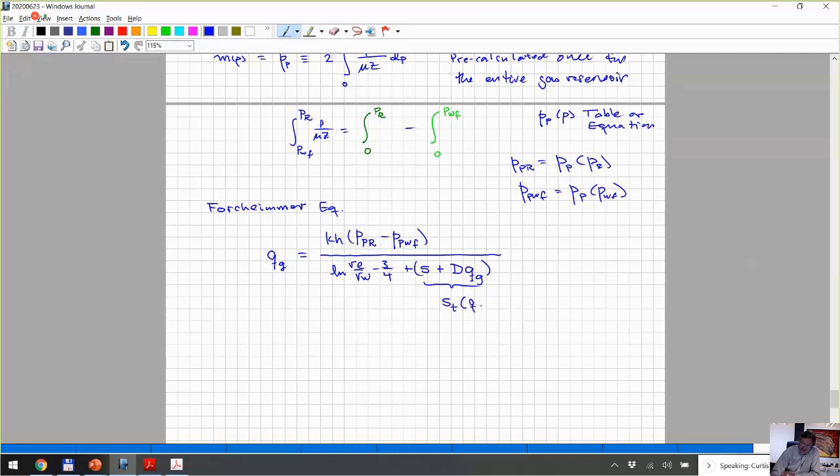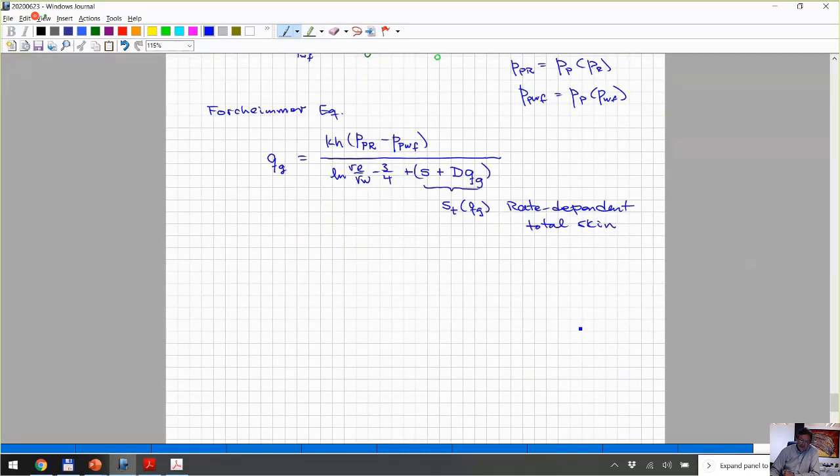Rate dependent total skin. And it's usually determined by well testing. So they do well testing with different rates. They interpret the KH, which should always be the same for each rate. It's not always the case, but the KH should be the same all the time. And they get skin from the well test.